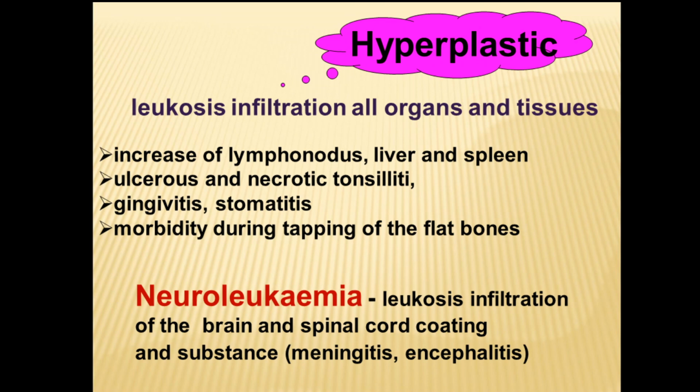More grave is if the leukemic infiltration goes to the central nervous system, brain and spinal cord, which is manifested with meningitis, encephalitis, severe pain in the spinal cord. We are talking about neuroleukemia, and sometimes the patient primarily enters a neurological or emergency aid department, and only after blood analysis will the primary and true disease become clear.